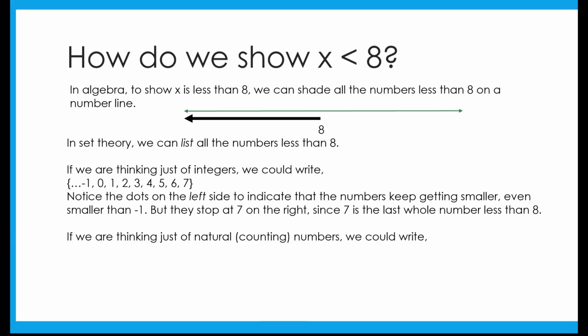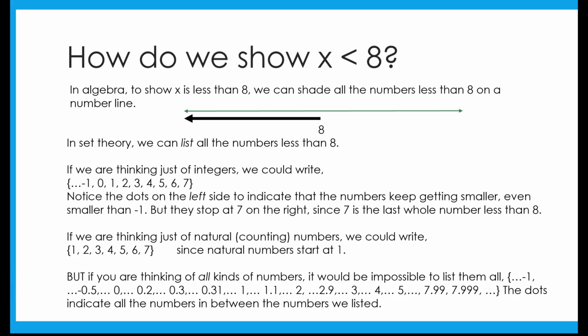If we're thinking of just natural counting numbers, those are the numbers that kids count on their fingers, then we would write 1, 2, 3, 4, 5, 6, 7, since the natural numbers start at 1. That's your first finger, 1. But if you're thinking of all kinds of numbers, every possible kind of number, then it's impossible to list.